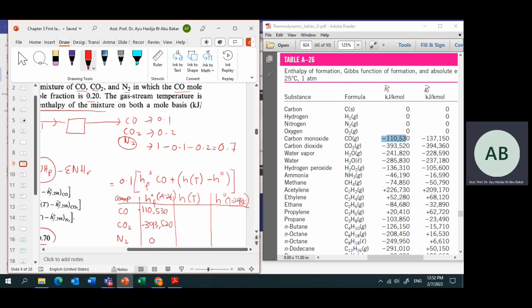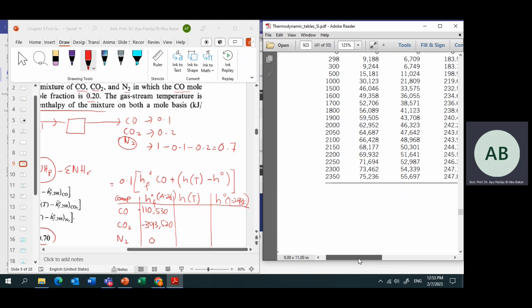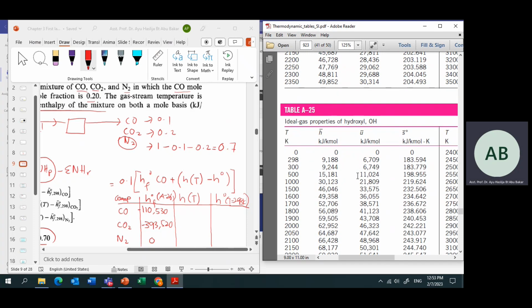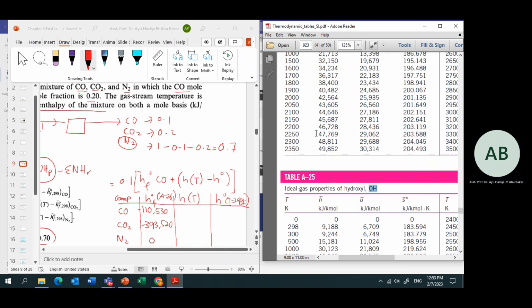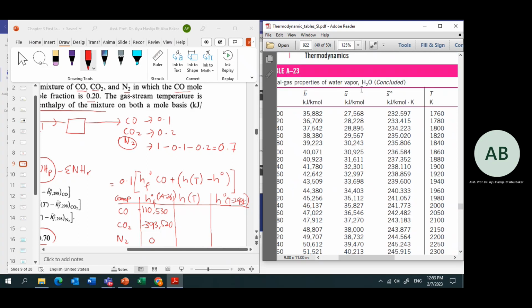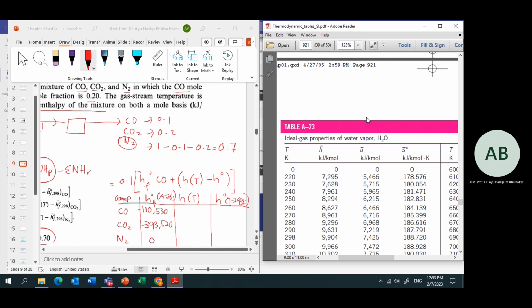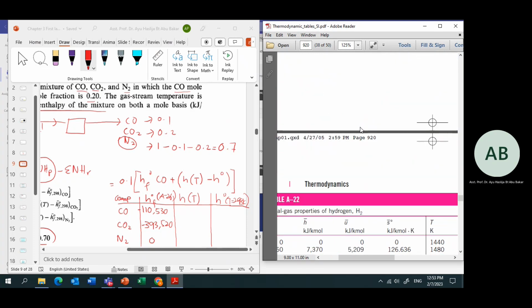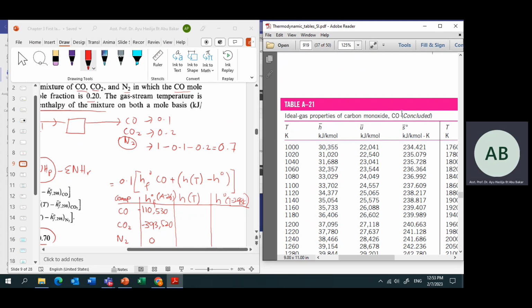Now we move to the enthalpy at that particular temperature, which is 1200, for CO. Okay, for CO, you find using the table for CO, table A21, at 1200.